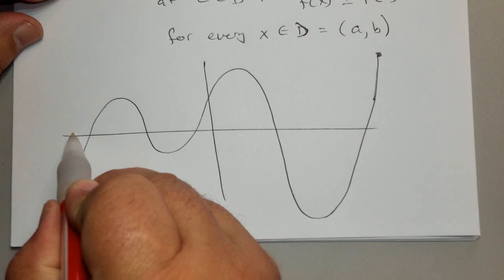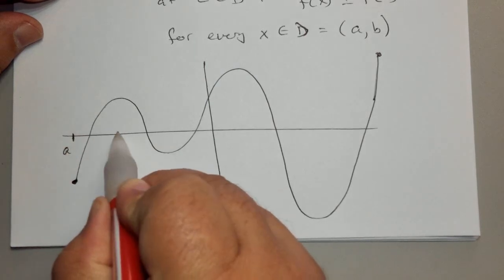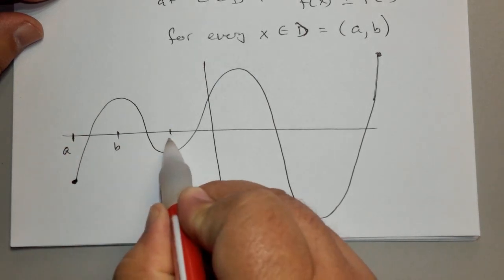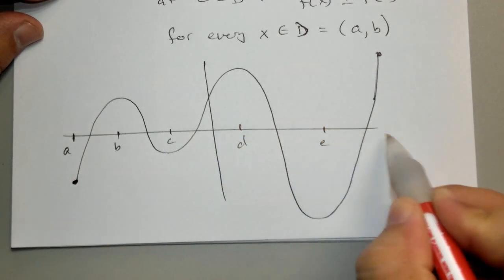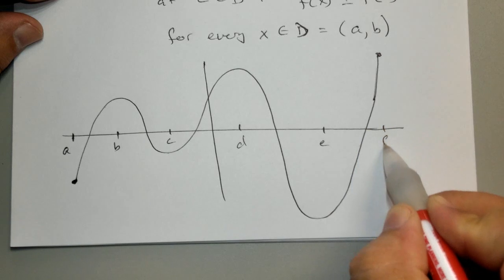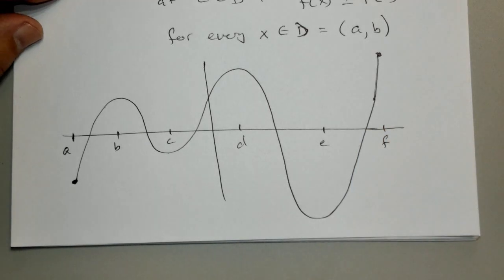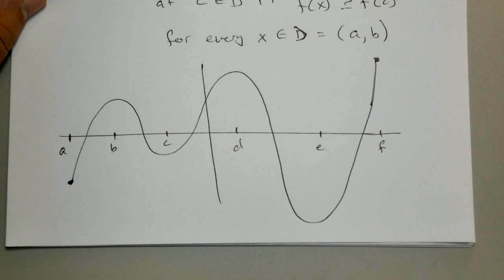Let's look at the important points. Let's call these A, B, C, D, E, and F. How many extrema do I have here?